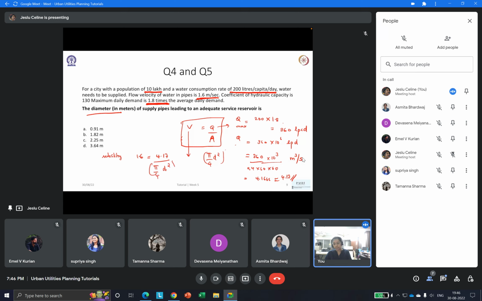Now I think this can be solved very easily. Yeah, 1.82 is the answer.